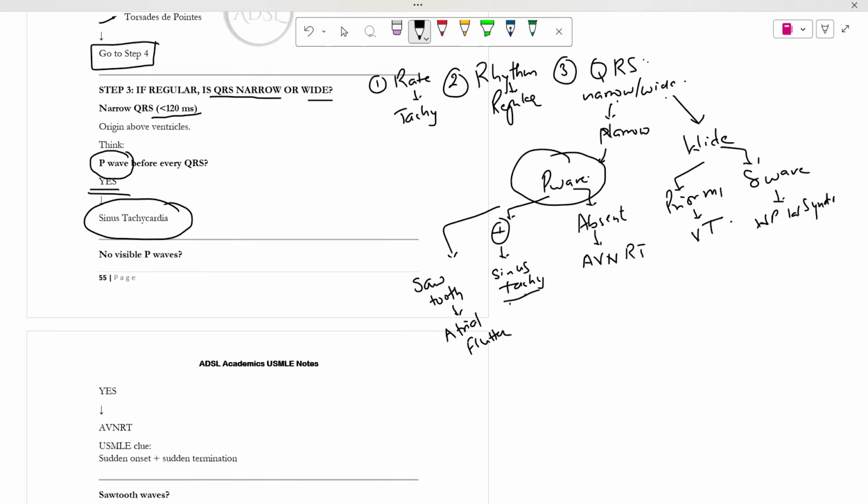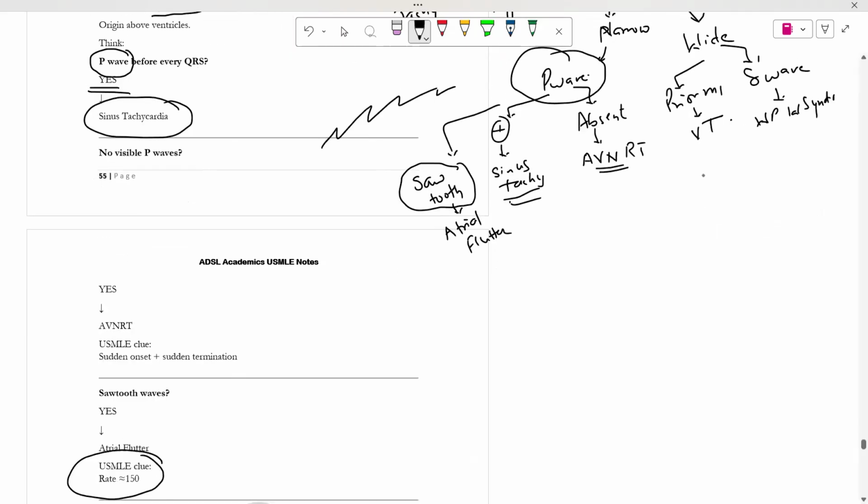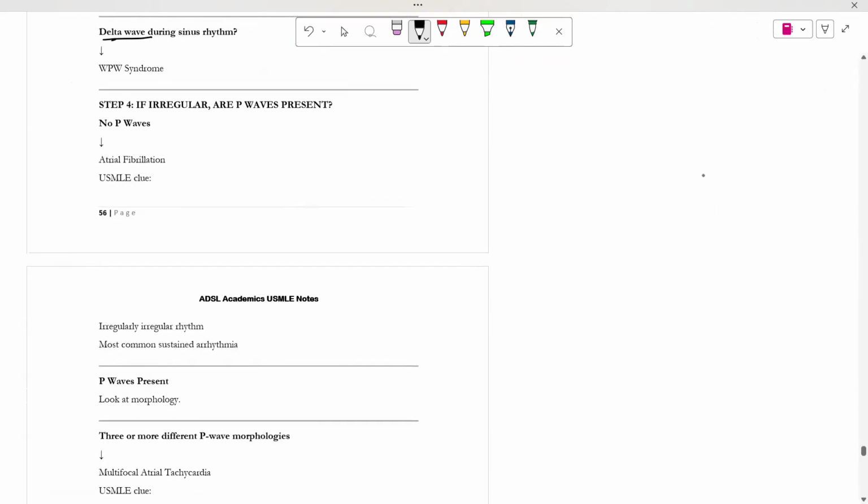If it was present, sinus tachycardia, absent, AVNRT. And if the whole ECG had a sawtooth appearance, then it is atrial flutter. On the other hand, if the QRS was wide, then either you are dealing with ventricular tachycardia or WPW syndrome.